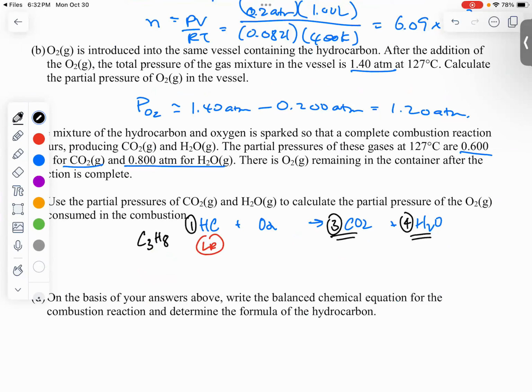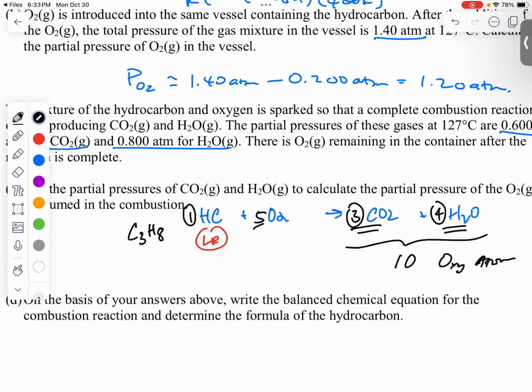How do you find the O2? So that's why you need to use stoichiometry. So basically, how many O2s are right here? On the right-hand side, you have 10 oxygen atoms. That means the coefficient over on the left is 5.